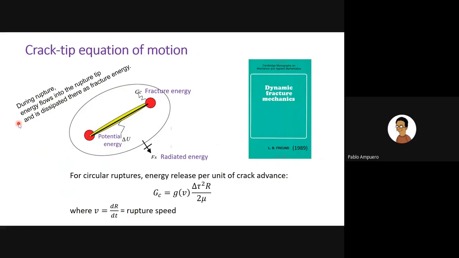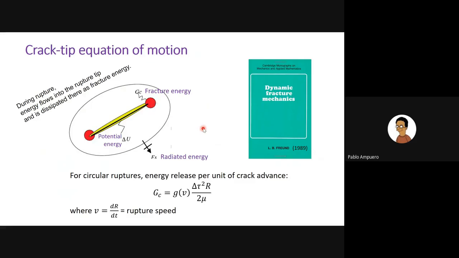During the sudden rupture, this energy gets transformed into two different things. One is earthquake waves, seismic waves, so that's radiated energy. And another part of that energy flows towards the propagating rupture tip, towards the rupture front. And there it is transformed, or it's dissipated into what we call fracture energy. So those are all the friction and fracturing processes that happen close to the rupture front.